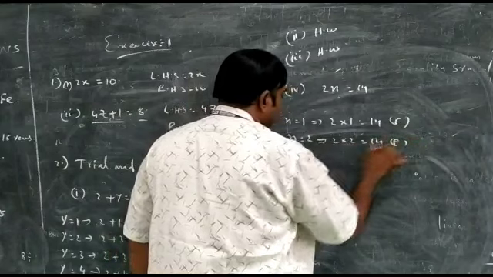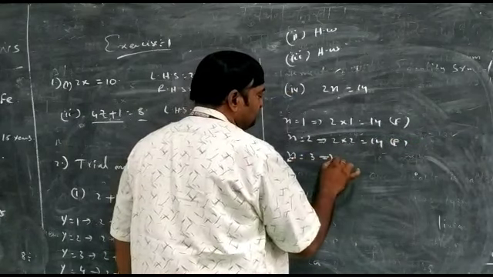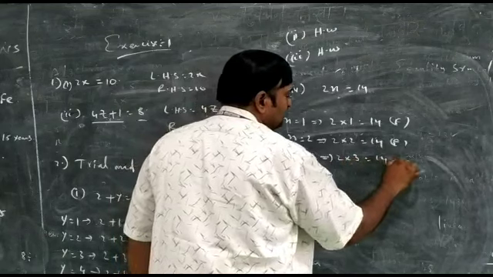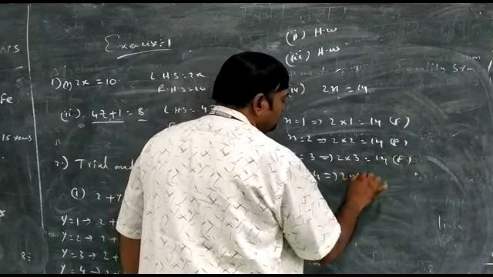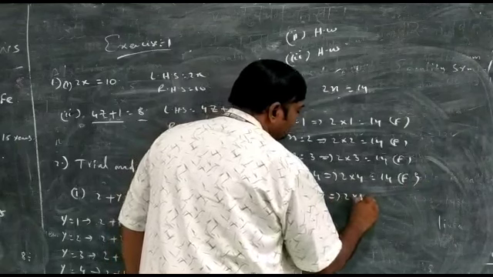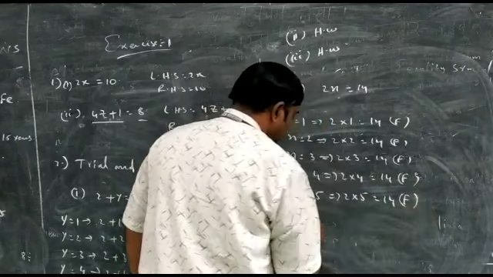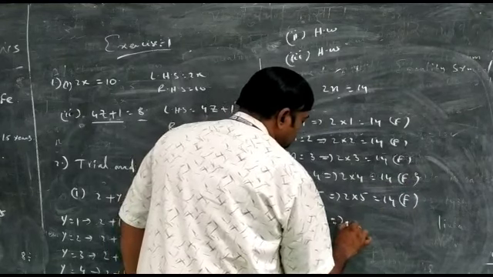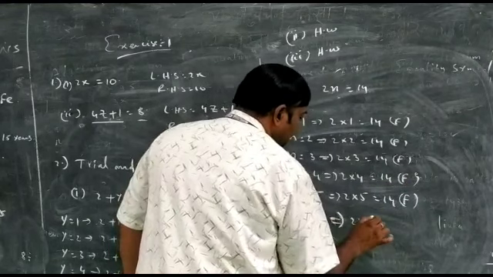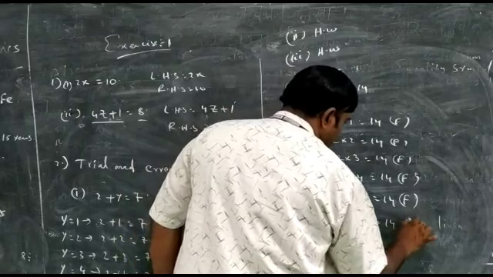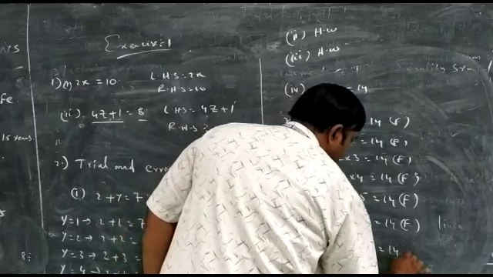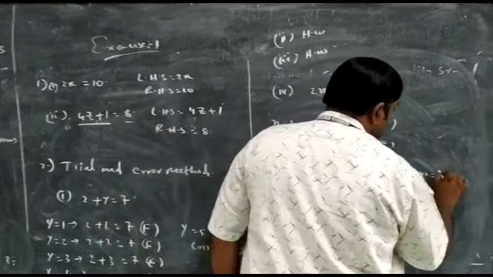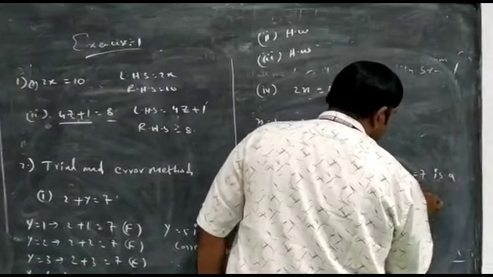Not possible, false. n equal to 3, 2 into 3, 14, false. n equal to 4, 2 into 4, not possible. n equal to 5, 2 into 5 equal to 14, false, not possible. n equal to 6, 2 into 6 equal to 14, false. n equal to 7, 2 into 7 equal to 14, yes, true. Therefore, n equal to 7 is a correct solution.